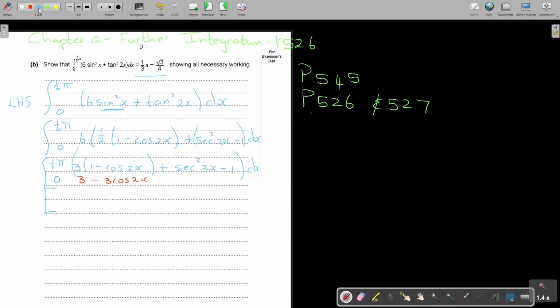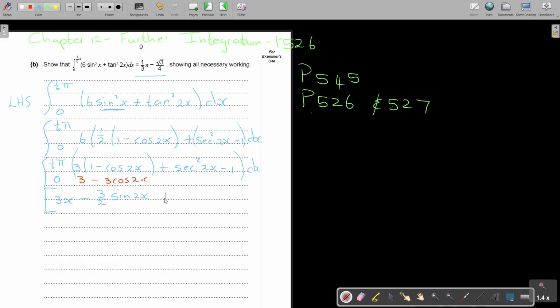So if I integrate 3, it will be 3x minus, now I'm going to integrate this. It's 3 times a half, or 3 over 2, doesn't matter. And then cos 2x goes to sin 2x.